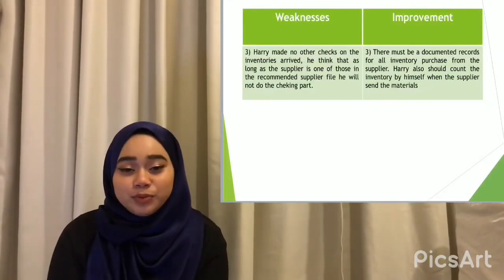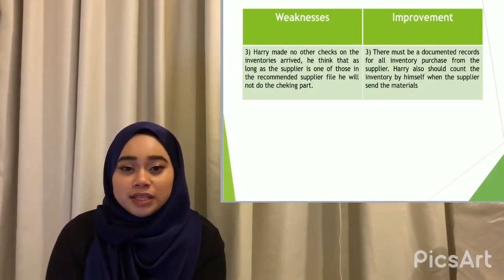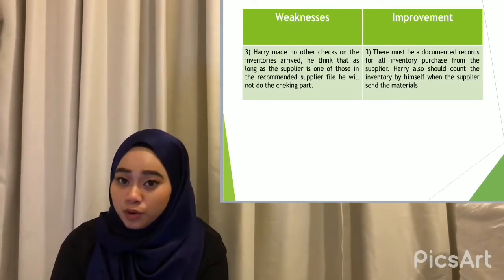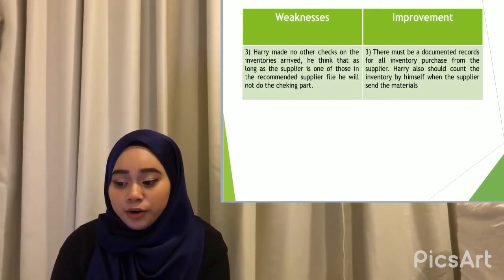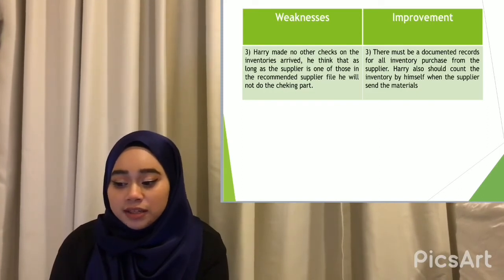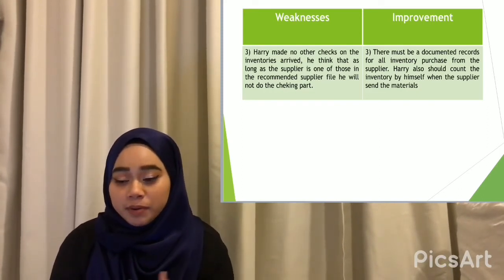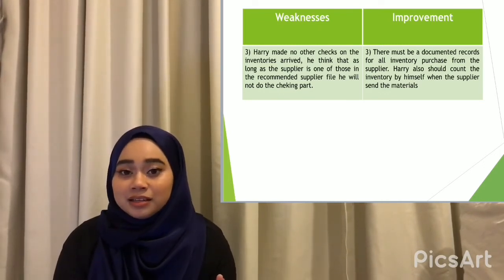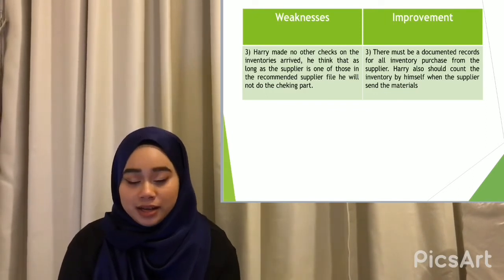The last weakness that happens during the production scheduling is when Harry makes no other checks on the inventories that arrive. He thinks that as long as the supplier is the recommended supplier, they do not have to count the materials that had arrived.